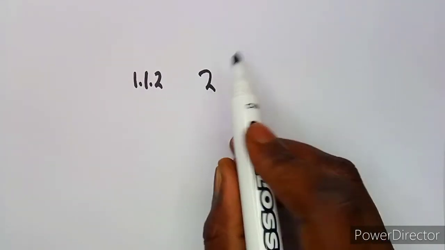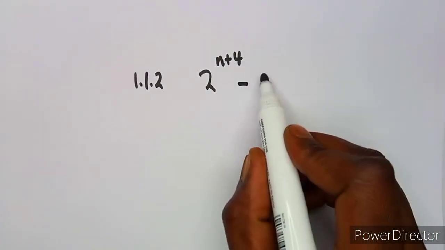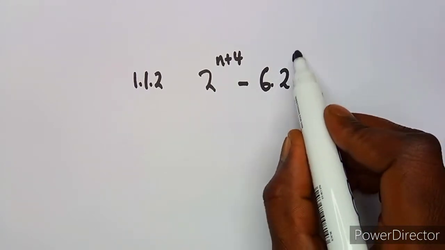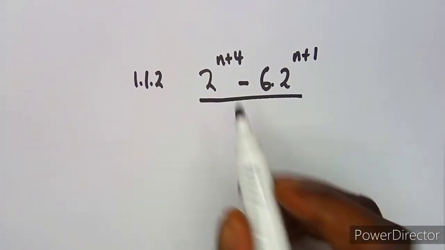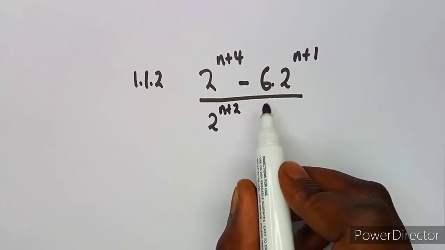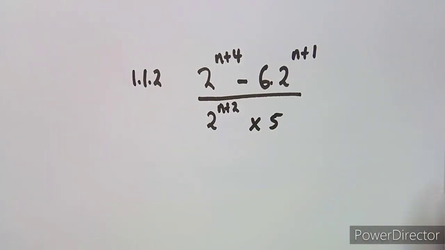We have got 2 to the exponent of n plus 4 minus 6 over 2 to the exponent of n plus 1. Then we have got 2 to the exponent of n plus 2, which is being multiplied by 5.